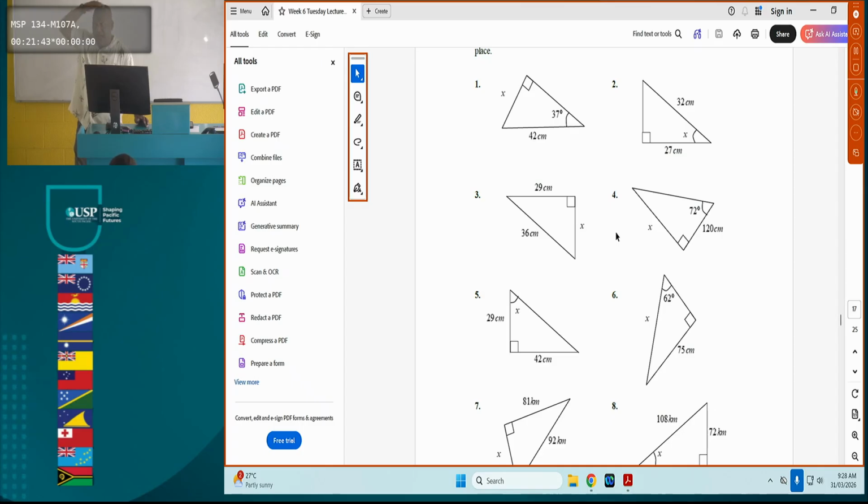Let's do number 5. Again, this is the angle, so label these two sides correctly.